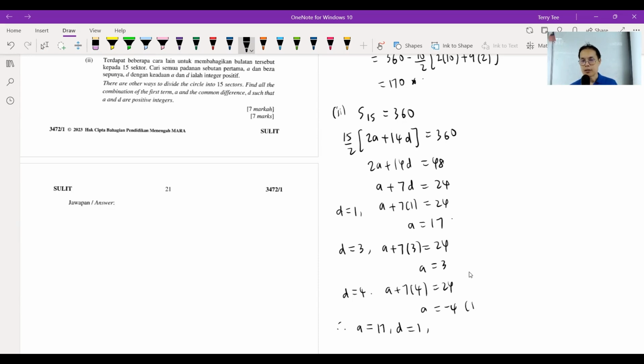This one you can say invalid, or you can say reject, or mustahil, invalid. So A equals to 3, D equals to 3. Yeah, so there are two possibilities. Your A equals to 3, D equals to 3, or A equals to 17, D equals to 1.